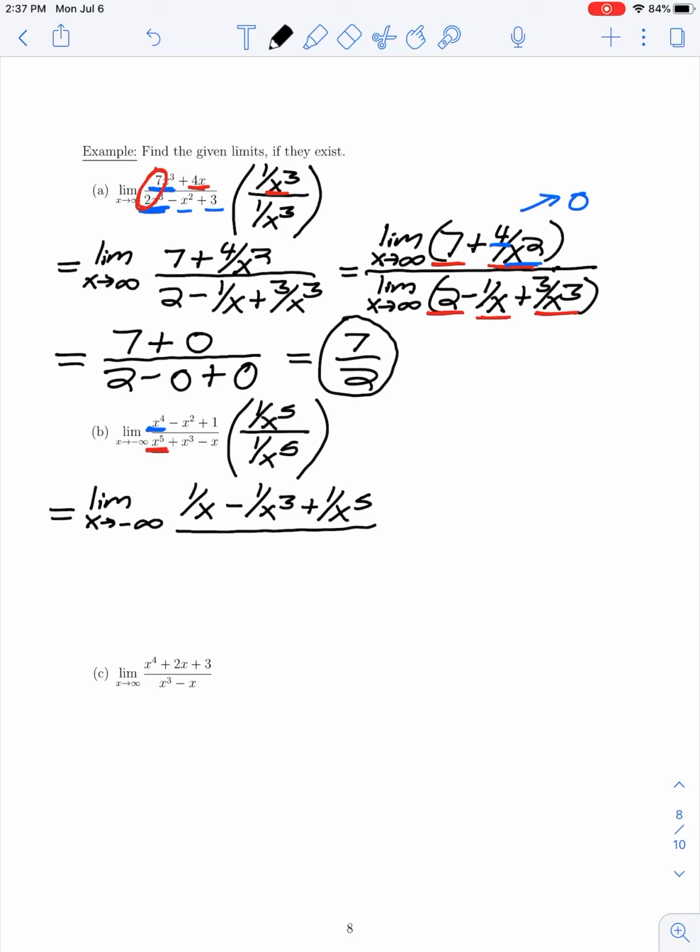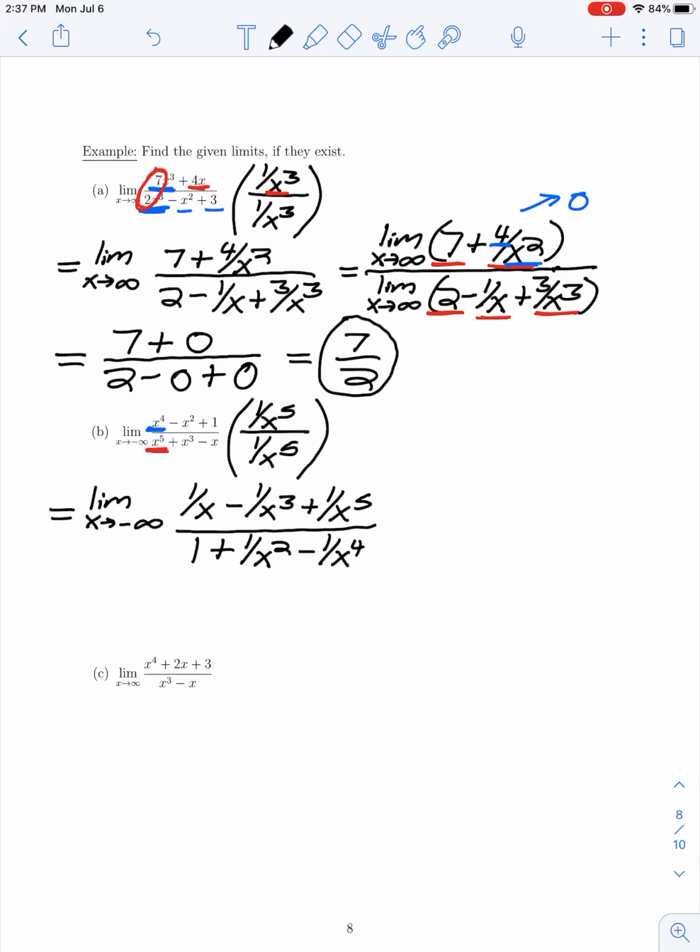And then all over our denominator, which was x to the fifth divided by x to the fifth, which leaves us 1, plus x cubed over x to the fifth, which is 1 over x squared, and then minus x divided by x to the fifth, which is 1 over x to the fourth.